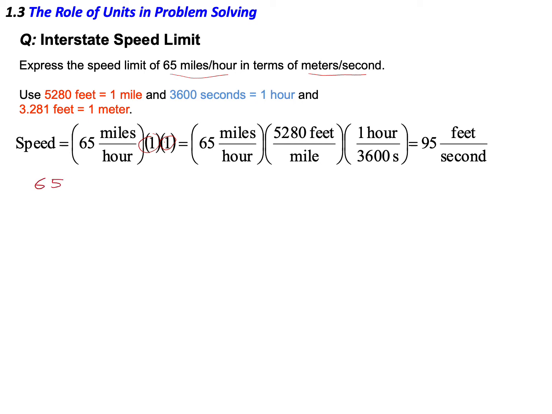So let's start with 65 miles per hour. Okay, so multiplied by, so now first let's try to cancel miles using the given conversion. So the first conversion is 5,280 feet is equal to 1 mile.